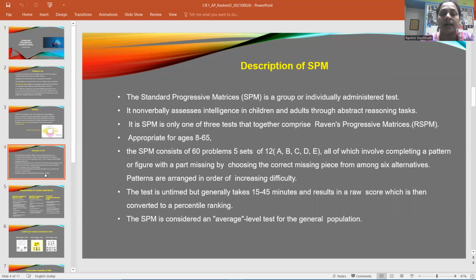The patterns are arranged in order of increasing difficulty. The test is untimed, but generally takes 15 to 45 minutes and results in a raw score, which is then converted to a percentile ranking. The SPM is considered an average level test for the general population.